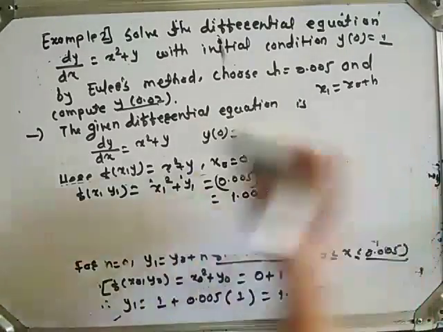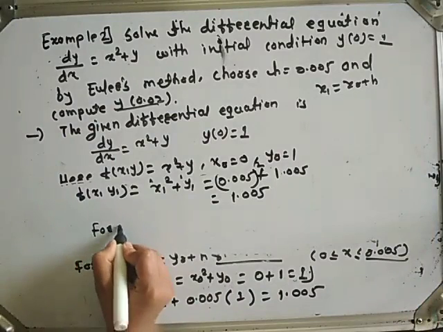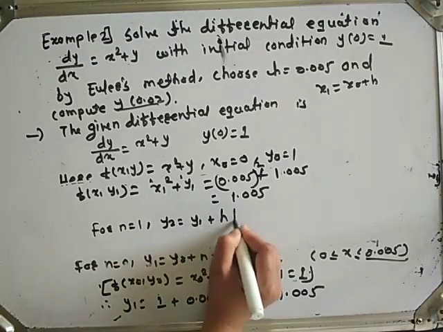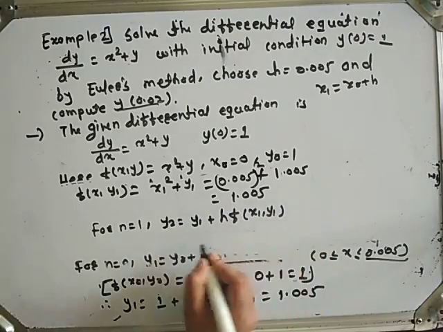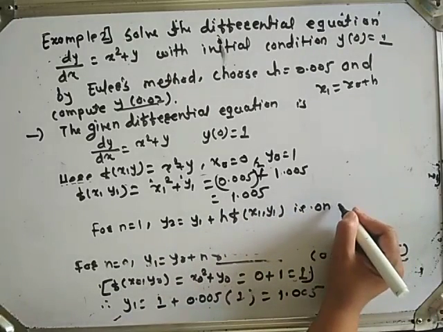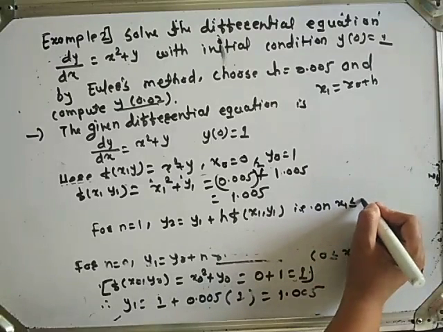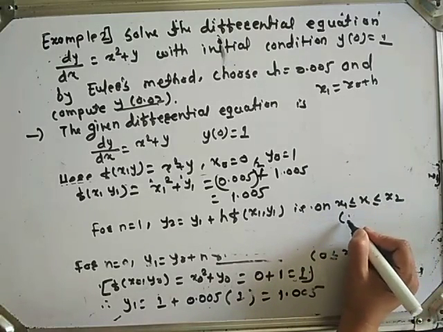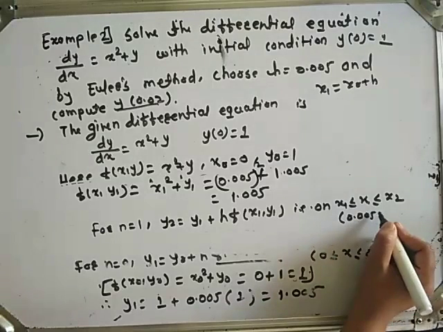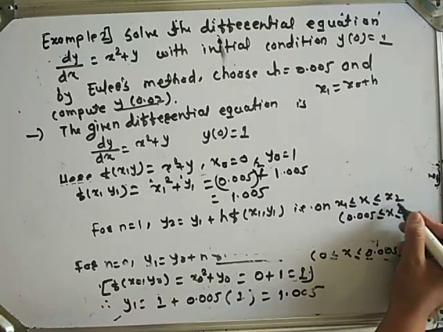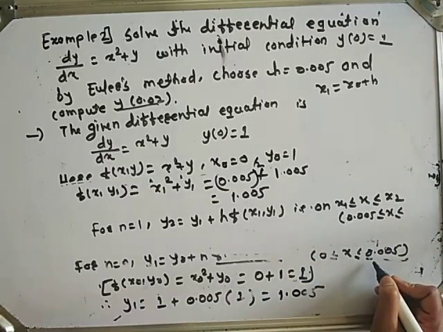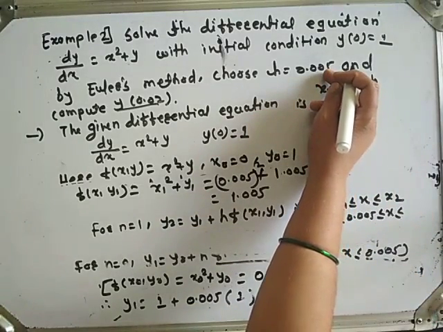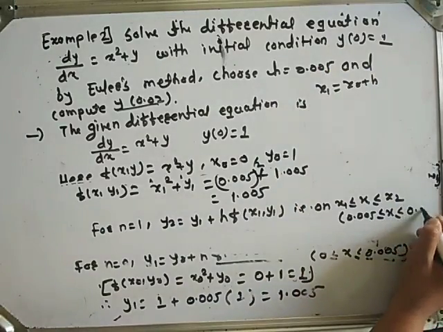Now for n equals 1, y2 equals y1 plus h into f of x1 comma y1, on x between x1 and x2. x1 is 0.005, which is less than or equal to x less than or equal to x2, which is x1 plus h, 0.005 plus 0.005, so x2 is 0.01.